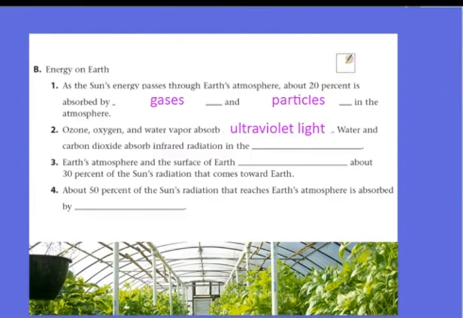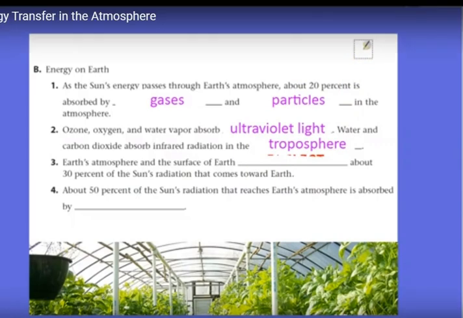We all get really lobstery, sunburn-looking things, and if you've ever seen me out in the summer sun, me and my pasty white self gets mighty red because of this ultraviolet radiation. However, water and carbon dioxide absorb infrared radiation in the troposphere. If you remember from the last lesson, the troposphere is the lowest level of the atmosphere. Of course, above that is the stratosphere, then the mesosphere, then the thermosphere, and then the exosphere. But the troposphere is down at the bottom.